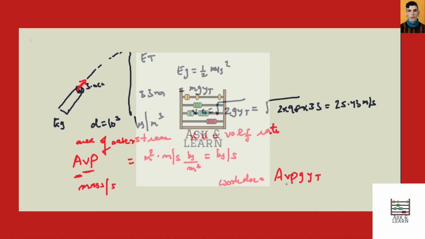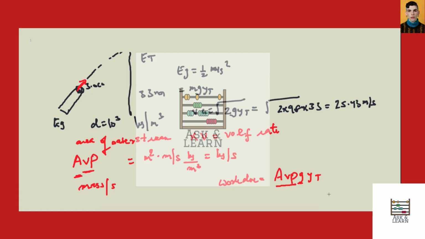Once again, A V rho is the mass that flows out of the hose per second. We have just seen that. And it takes a minimum force of mg, mass times g, to lift that mass. So the work will be mgh, which is mg y top. So this is basically the power required.